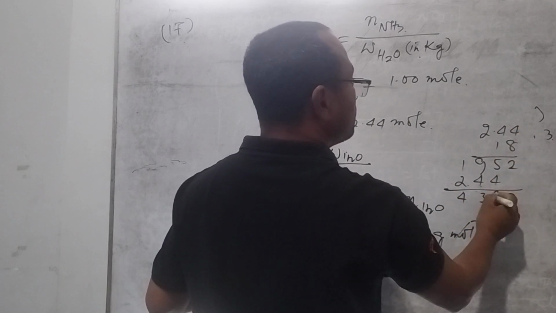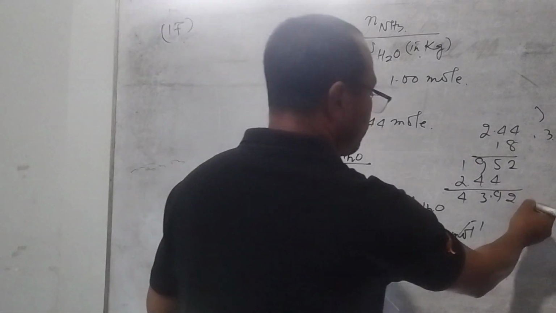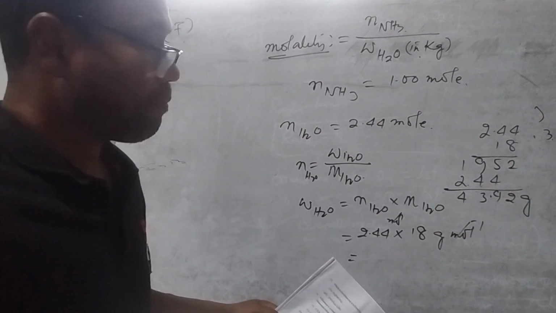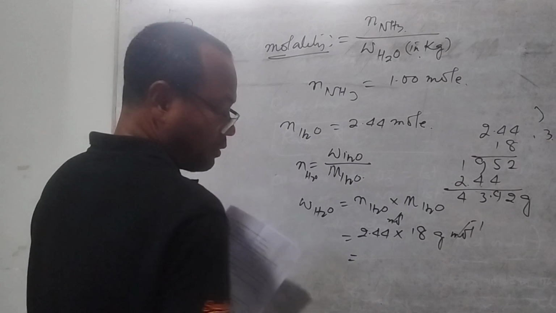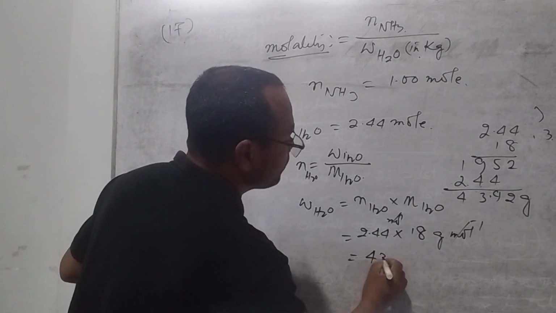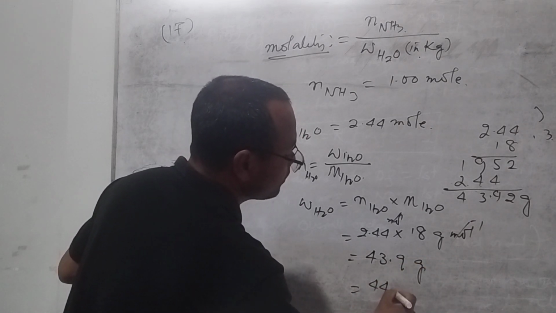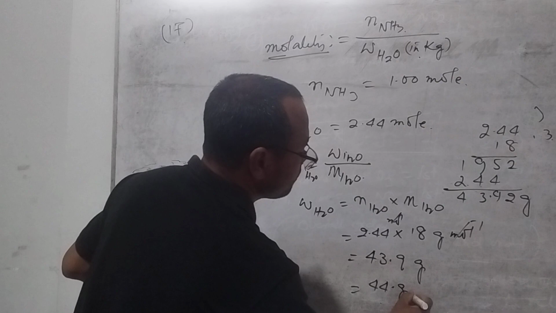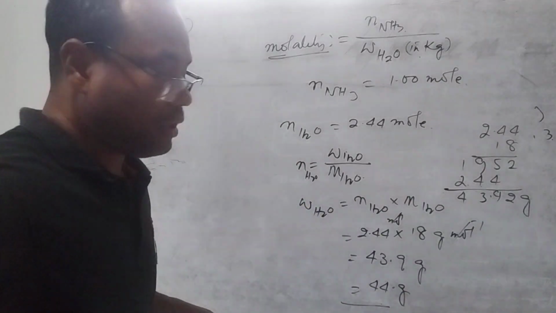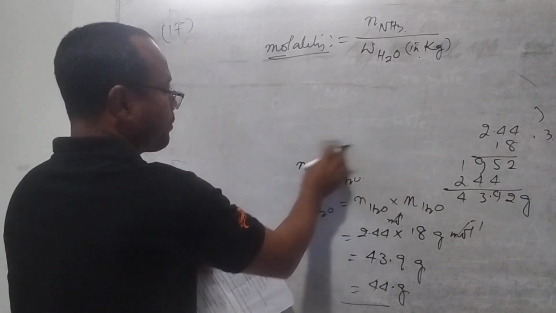So what will be this? 43.9 gram. This should be gram, right? That means I write here 43.9 gram. So approximately can we write 44 gram. Let us take it here. After we found 44 gram, we can put it here.